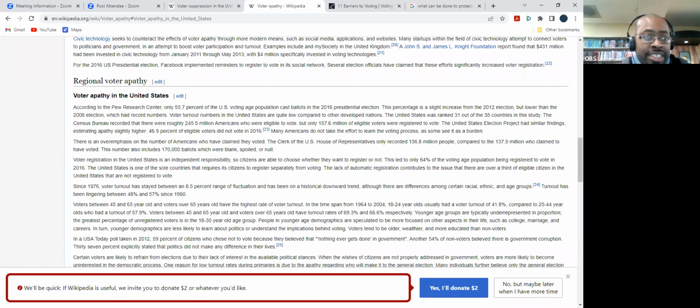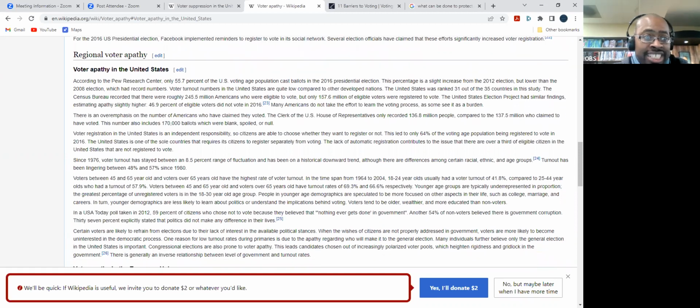There is an overemphasis on the number of Americans who have claimed they voted. The clerk of the U.S. House of Representatives only recorded 136.8 million people, compared to the 137.5 million who claimed to have voted. This number also includes 170,000 ballots that were blank, spoiled, or null.